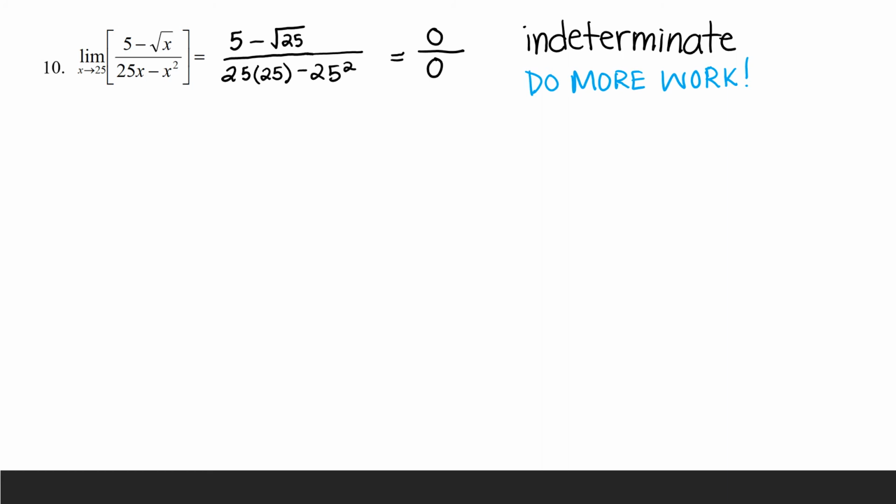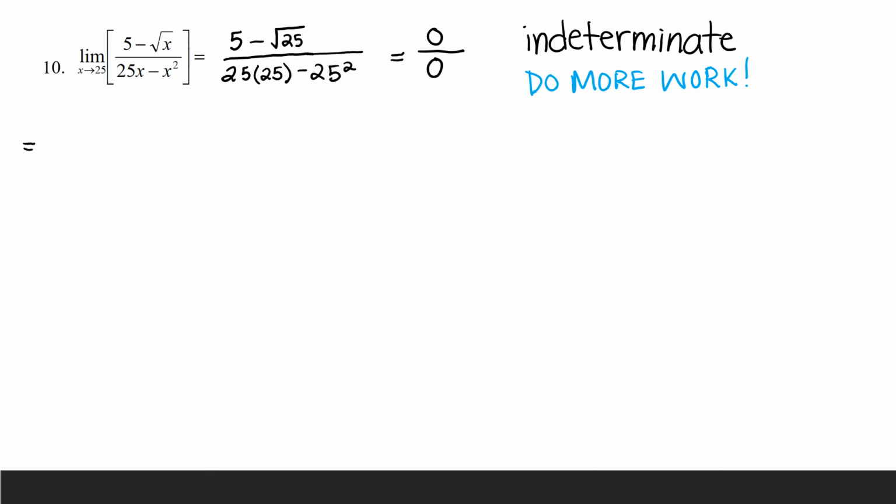When I look at this, I see issues in my numerator and issues in my denominator. In my numerator, I'm seeing the square root of x being a problem, but I see that I have this something minus something, so I might be able to multiply by a conjugate here. In my denominator, I see something that can be factored. So I'm probably going to have to factor and multiply by the conjugate in order to evaluate this limit.